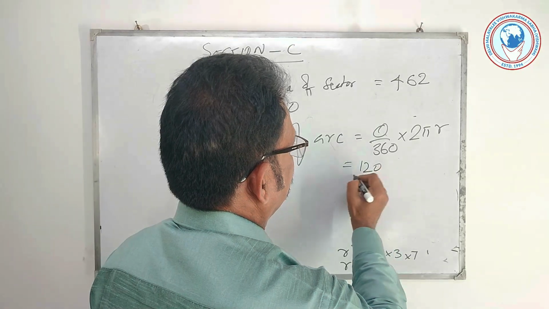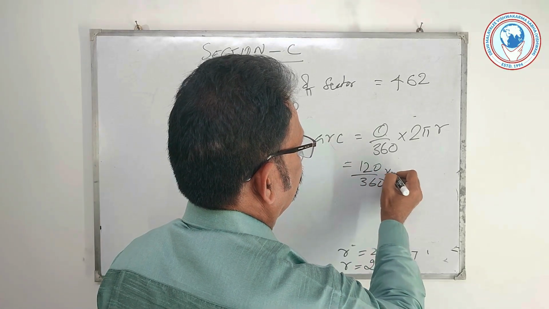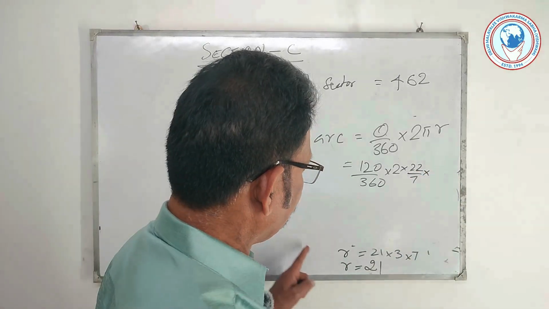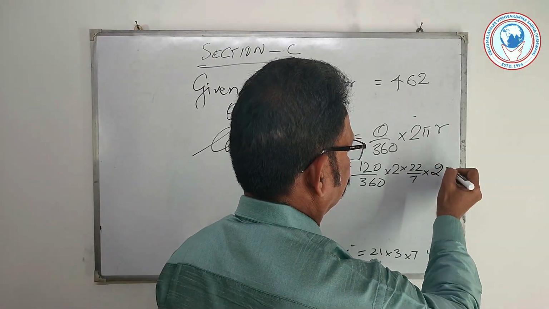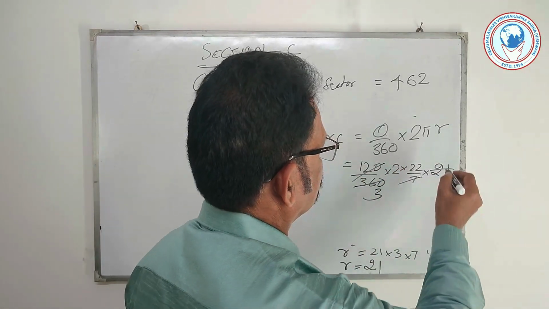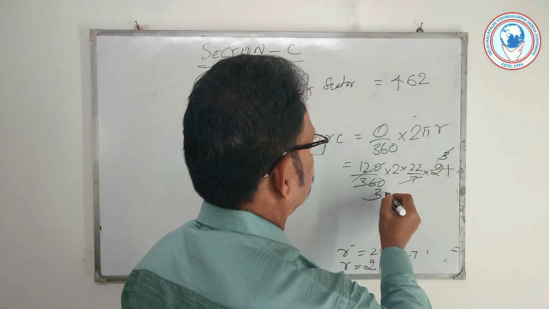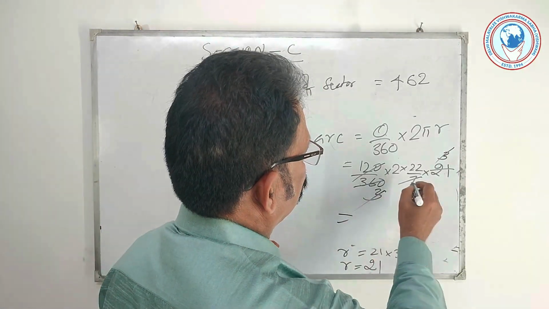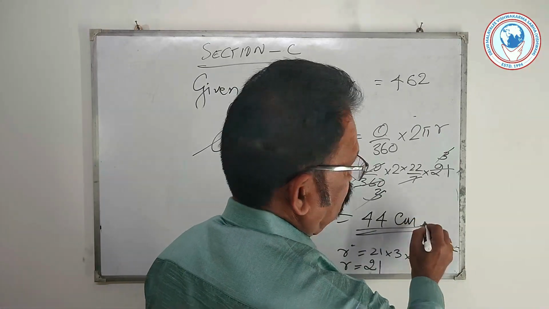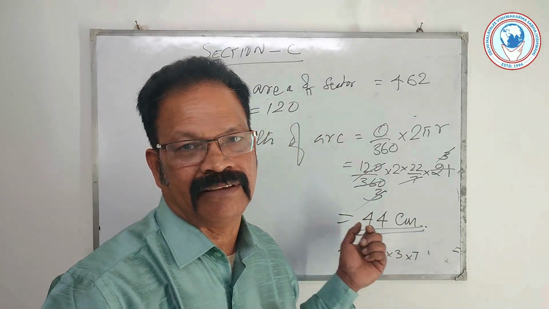That is 120 by 360 into 2 into 22 by 7 into radius is 21. 2 into 22, 44 centimeter is the length of arc.